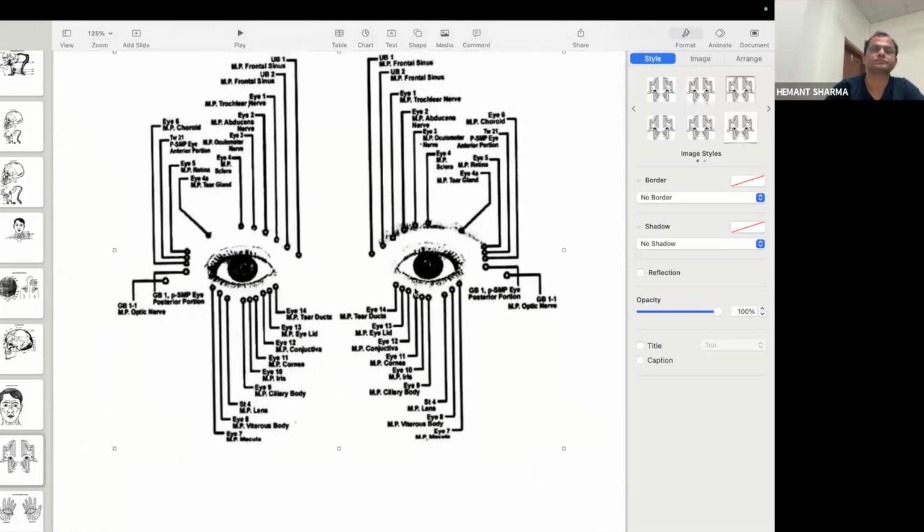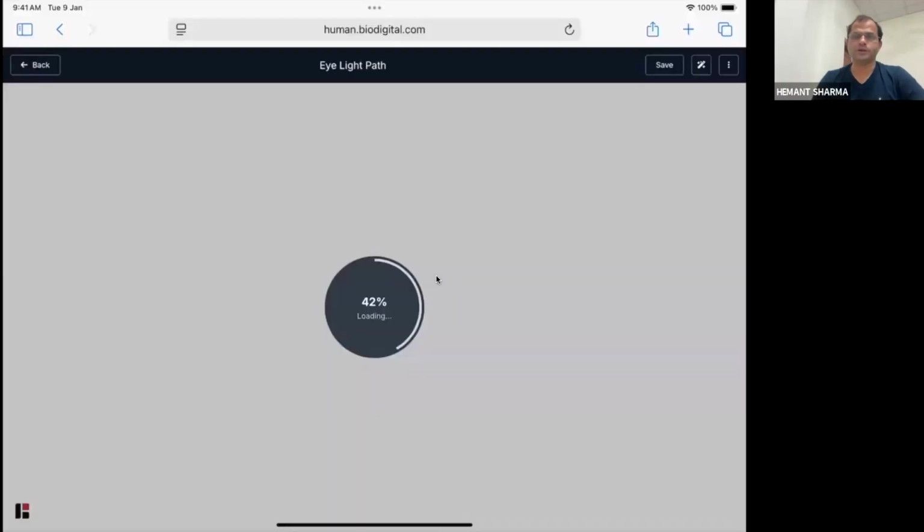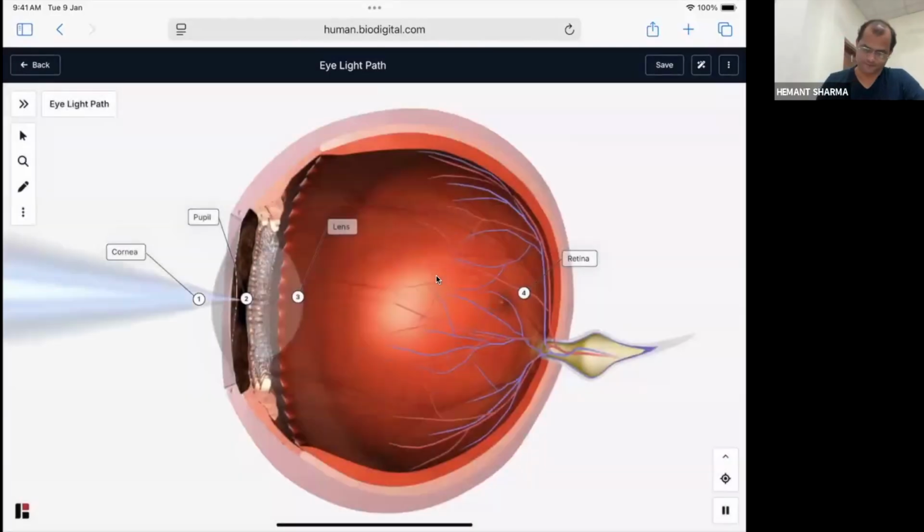So now, when we look at any object, जब भी हम कोई चीज देखते हैं, how are we able to see anything? हम चीजों को कैसे देख पाते हैं? So the light is coming from here.